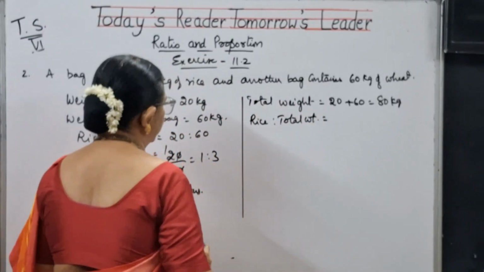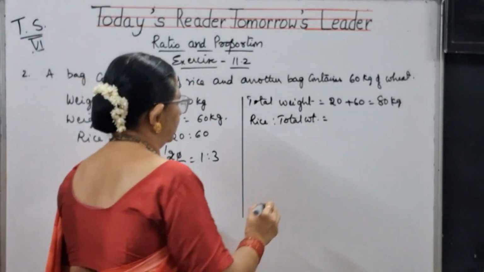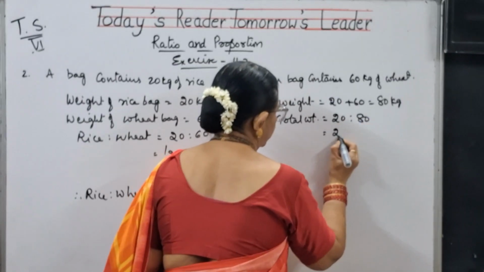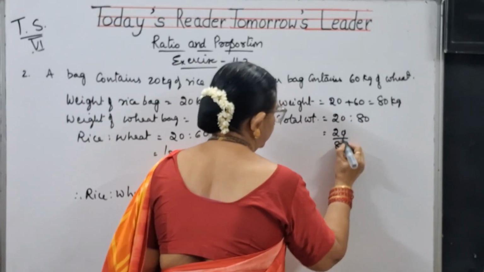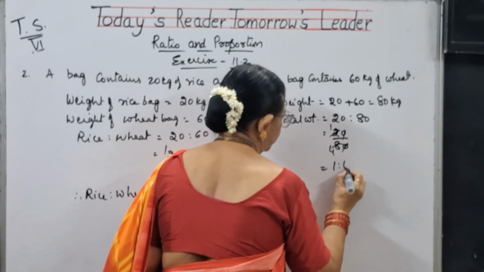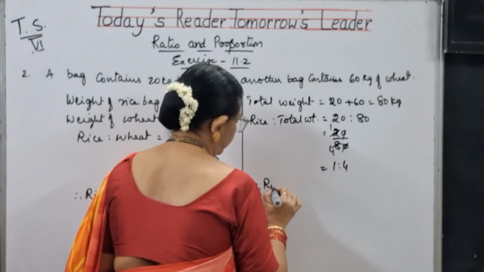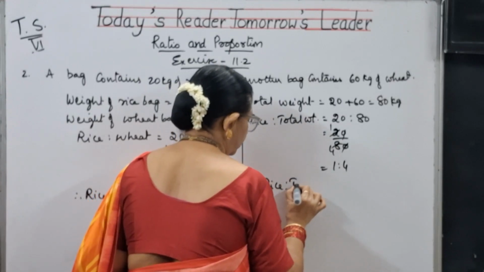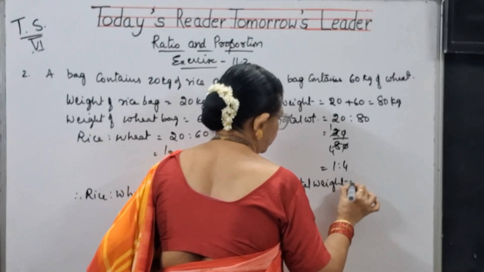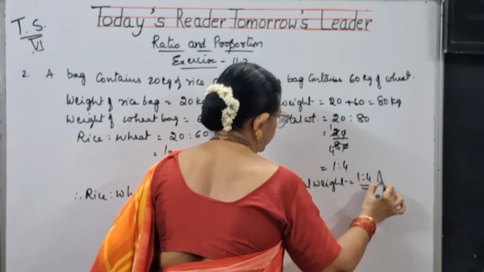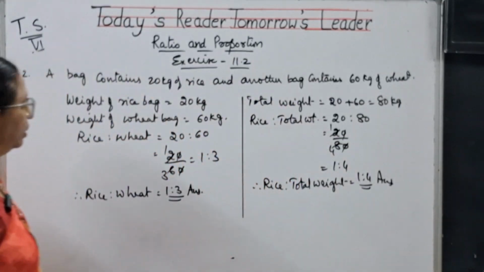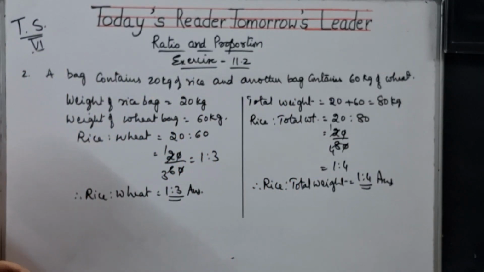Rice weight is 20, so 20 is to the total weight 80, that is 20 by 80. 0, 0 will get cancelled. 2 ones are 2, 2 fours are 8. So this is 1 is to 4. So rice is to total weight is equal to 1 is to 4. These two are the answers for this problem, children. Second one, please note it down.